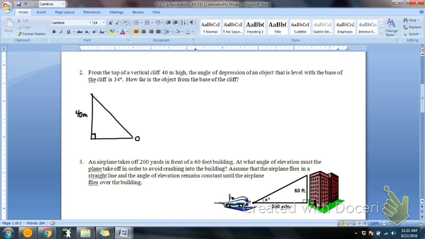Something is 34 degrees. Is it this angle up here or is it this angle down here? That's the question that we have to figure out. Okay, so don't mark anything on yours yet. Let's talk about what this angle of depression means.